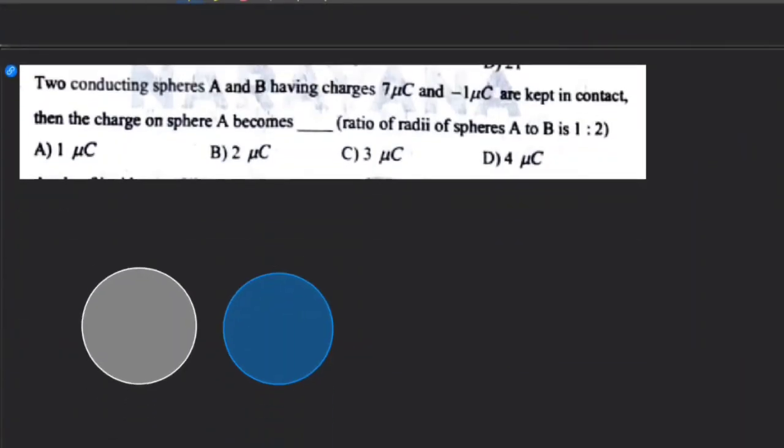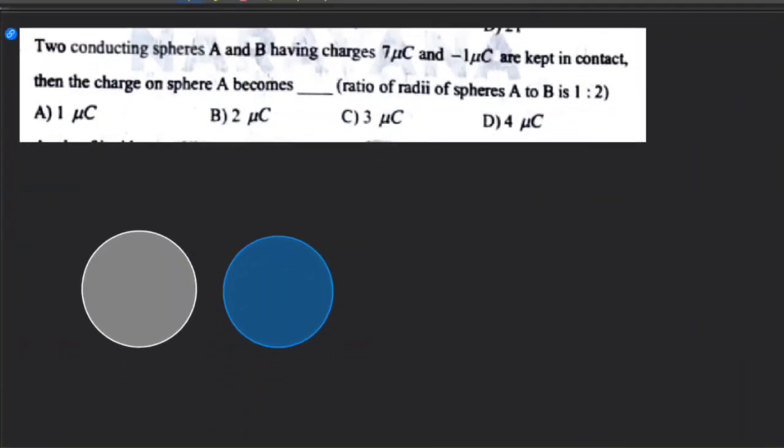So next one, this one. Two conducting spheres A and B having charges 7 microcoulombs and 1 microcoulomb are kept in contact. Then the charge on sphere A becomes? This is an easy question, guys. In conduction, if identical bodies are brought in contact, let's say one has 7 microcoulomb and the other has minus 1 microcoulomb.